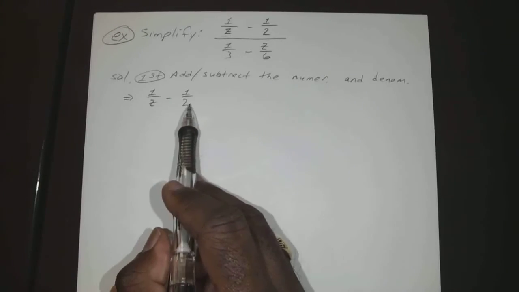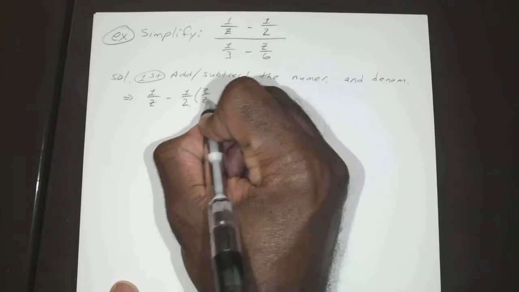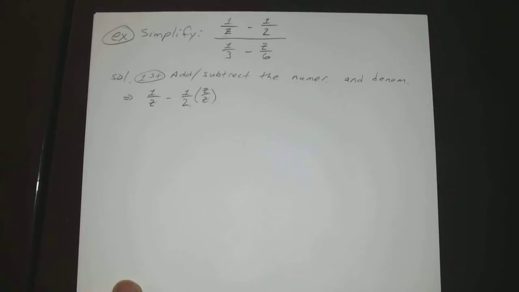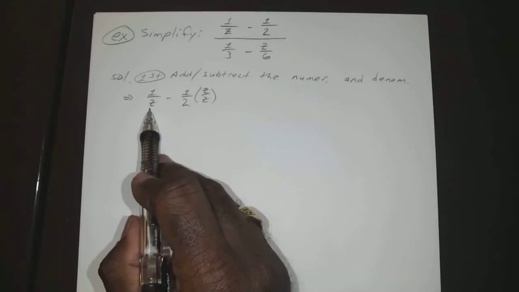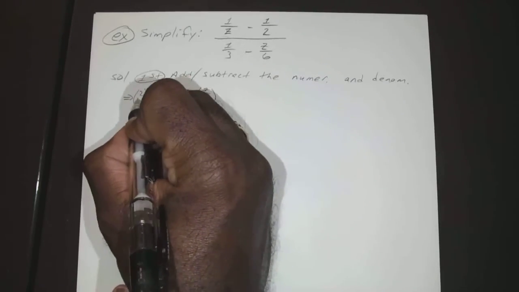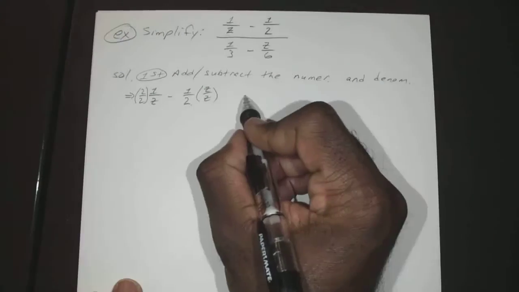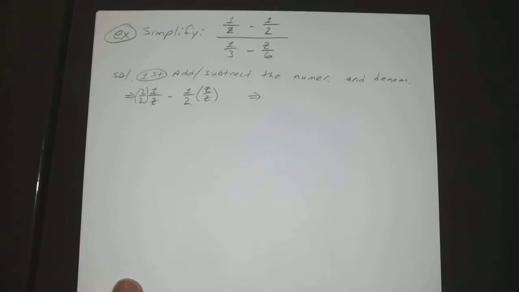Okay, so we have a z here, but this side is missing a z. So we can multiply that by z over z. Okay, we have a 2 over here, but this side is missing a 2. So we multiply it by 2 over 2. Okay, and then we can go ahead and simplify it.